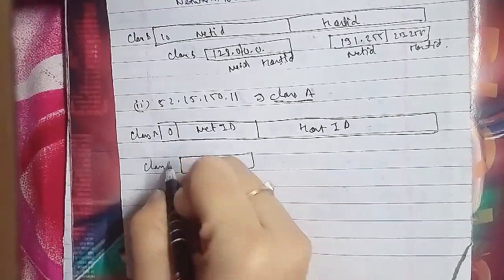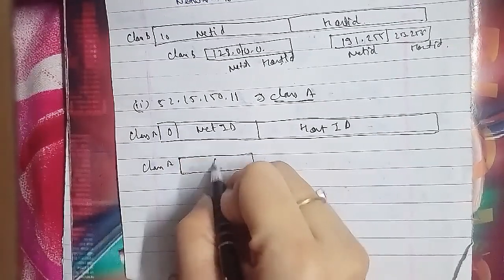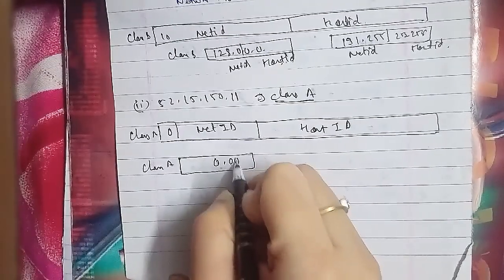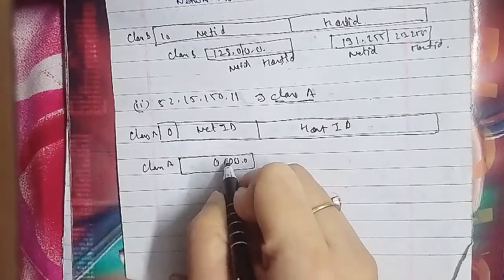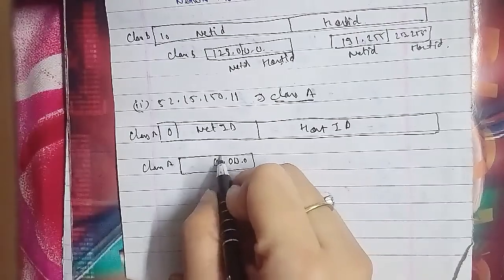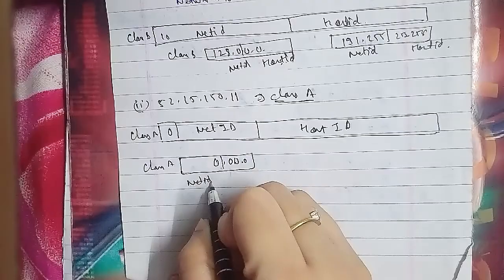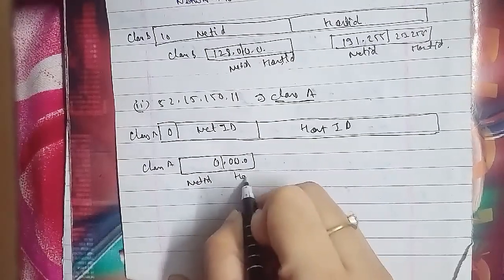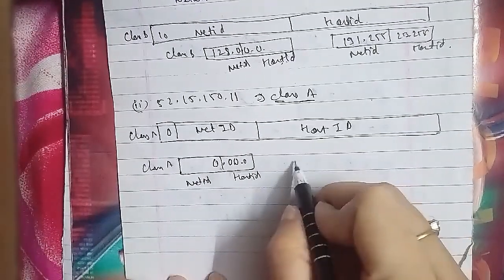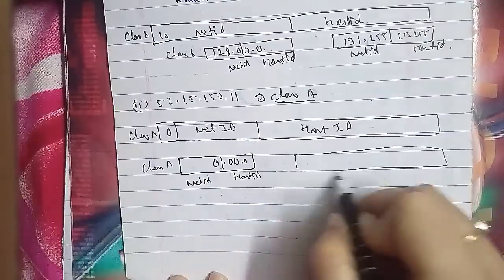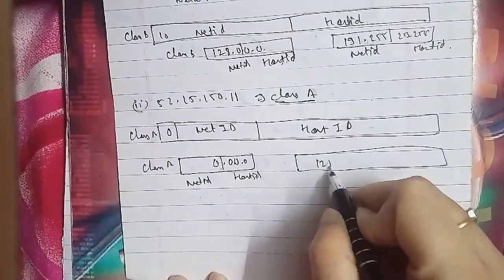So 127 is your net ID, that is your network ID, and this is host ID. Okay, so in the class B network, the first 2 bytes are assigned to the network address, and the remaining bytes are used for the node address, and the format is network.network.node.node. Okay, that is the representation.